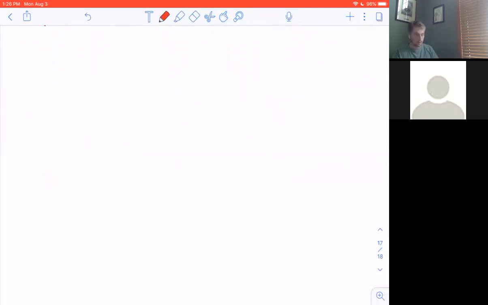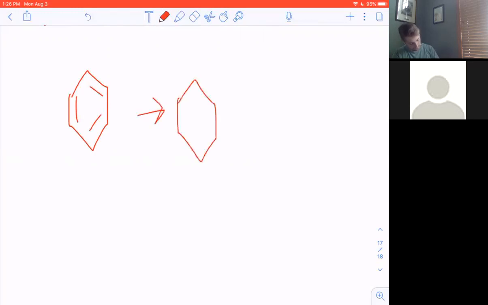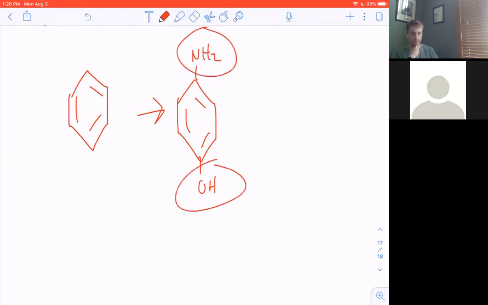This one wants you to form this from benzene. And so basically, you can see that there's a nitro group here as well as the hydroxyl group.